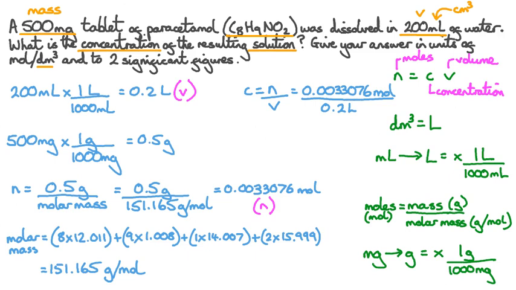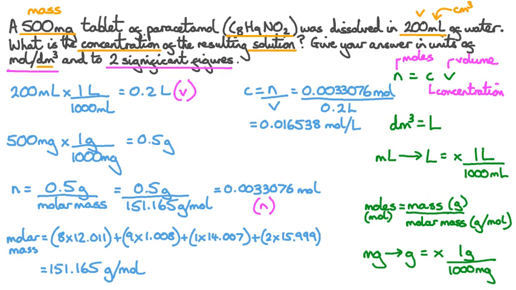By inputting our values, we get concentration equals 0.0033076 moles divided by 0.2 litres. This works out at 0.016538 moles per litre. However, we're not finished yet.